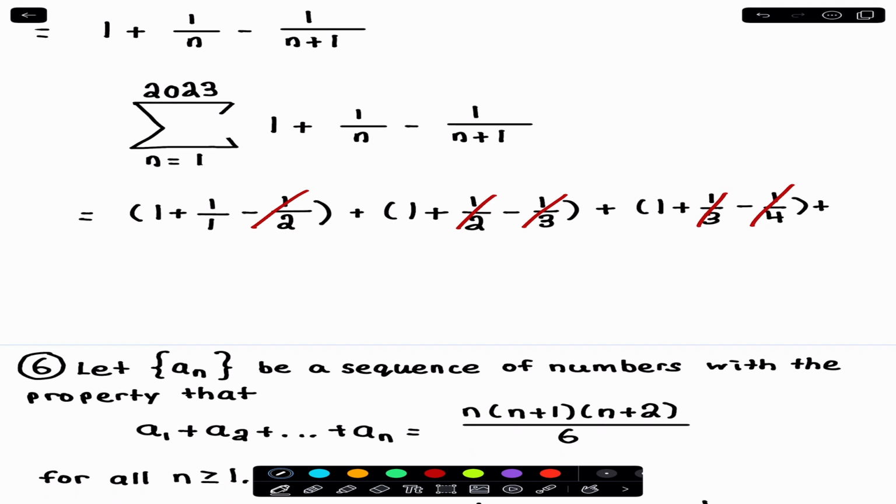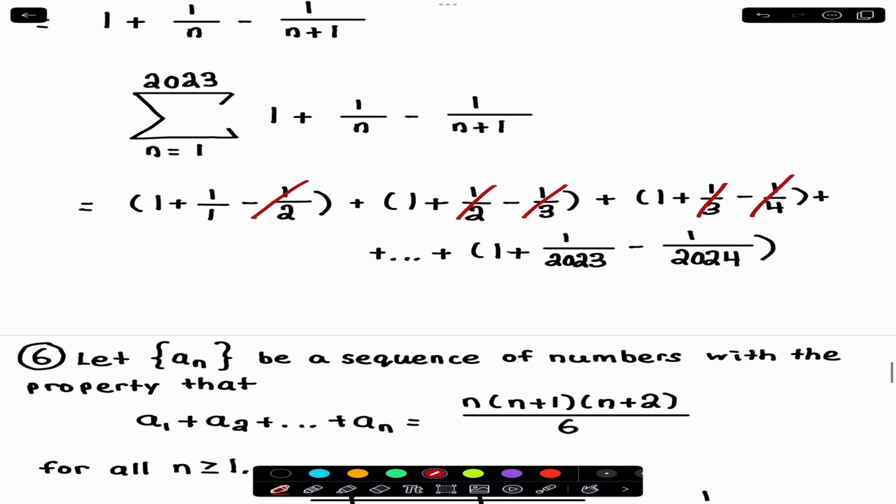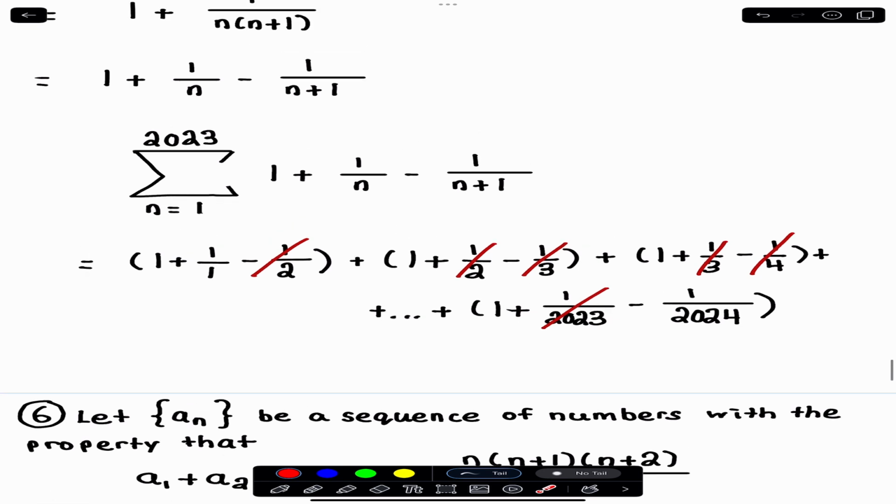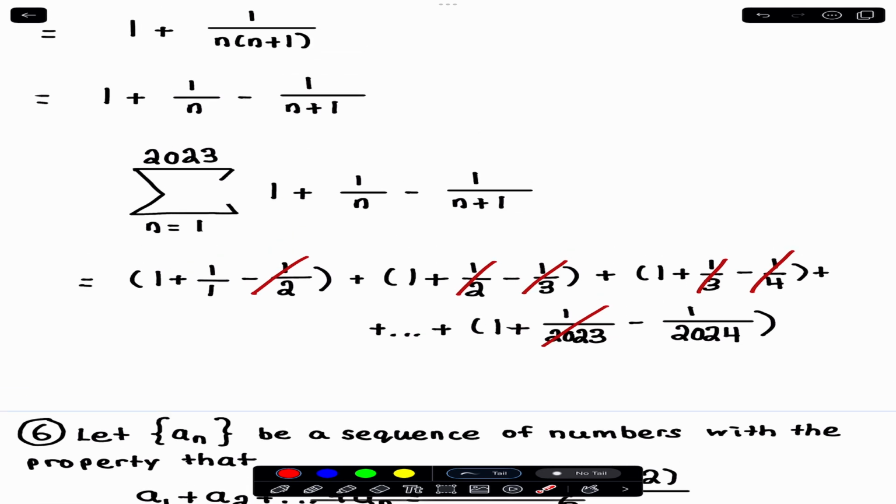And this sum will just keep continuing until n equals 2023, minus 1 over 2023 plus 1, which is 2024. So there was a negative 1 over 2023 term that goes away with this 1 over 2023. And this negative 1 over 2024 doesn't cancel with anything.